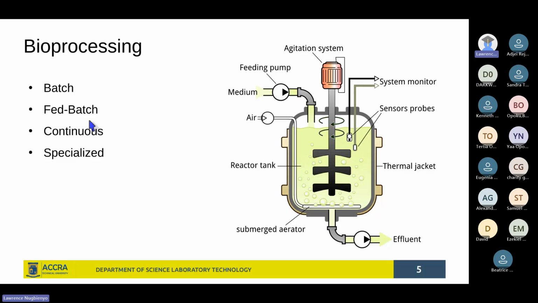Then the very modern systems that work now are the continuous systems. These have bioprocessing systems with the feeding in of feedstock at a point. Then processing is ongoing, and at a certain time, harvesting starts. But as harvesting starts and is ongoing, there can still be feeding in of feedstock for the processing to be carried out.